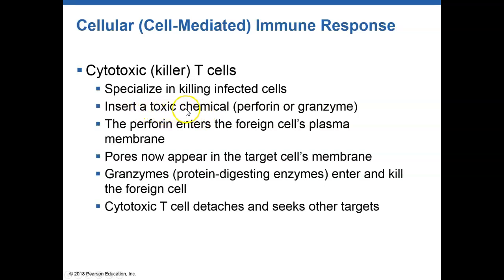They bind to that self non-self complex and release chemicals, perforins, that break open the infected cell, and then they can release granzymes that are going to cause the cell to undergo apoptosis. Once this happens, they release from the cell and look for other targets.